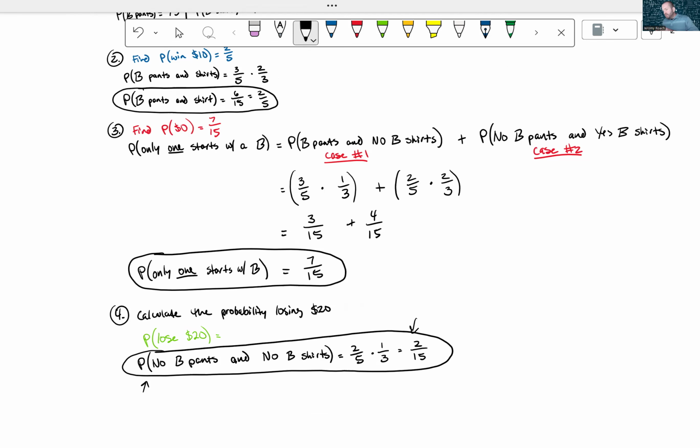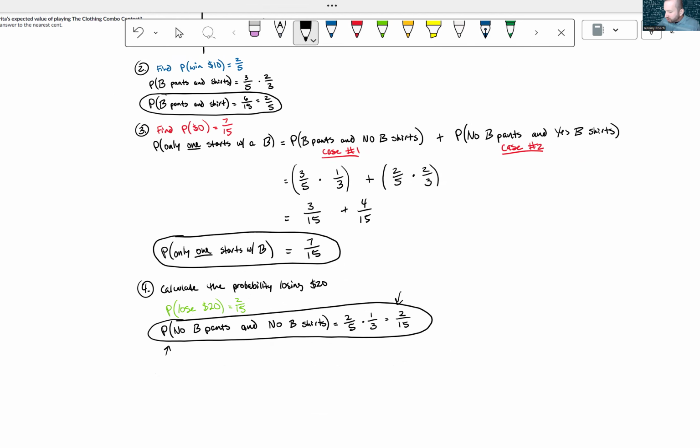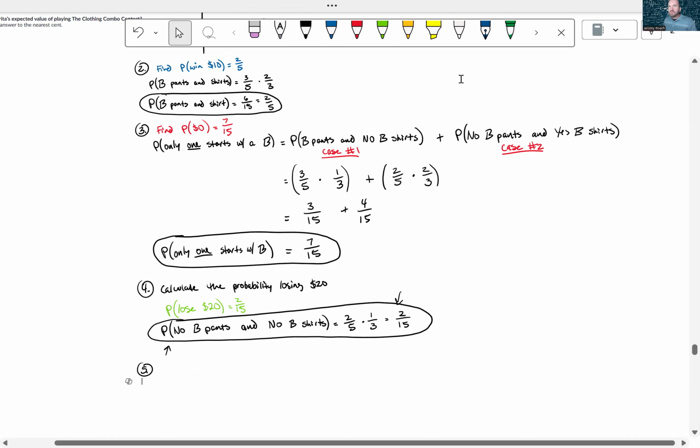Okay, now we know all of the probabilities for these three situations. So our last step is going to be to calculate the expected value using these three probabilities and the associated dollar amounts of winning or losing. Let me just write the last one, 2/15. And I'm trying to zoom out. Hopefully you can see that okay. I'm trying to zoom out so we can see all of our data at the same time while we're doing these calculations.